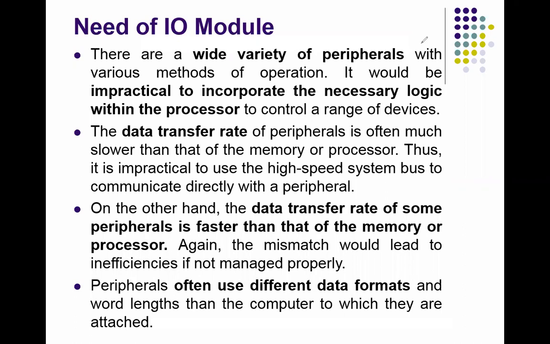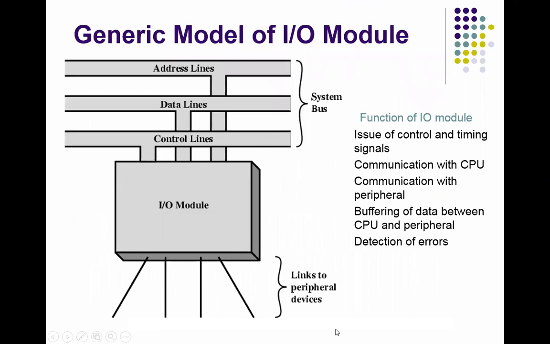Obviously, because each different device has a different data transfer rate, and if you could not manage all these devices, it would be inefficient. So we have to control this range of devices. How can we control this range of devices? With the help of this input output module.